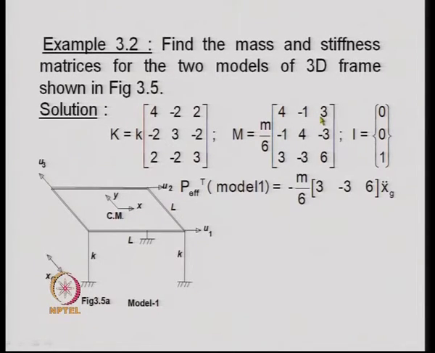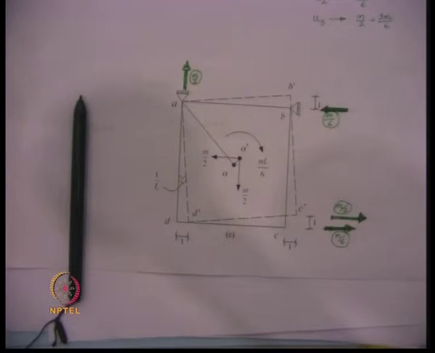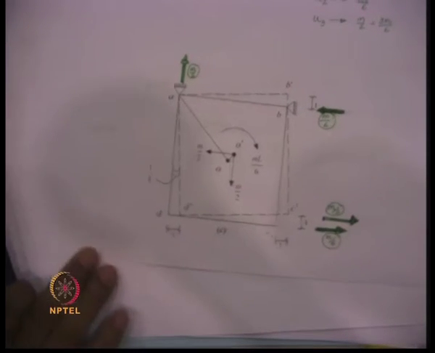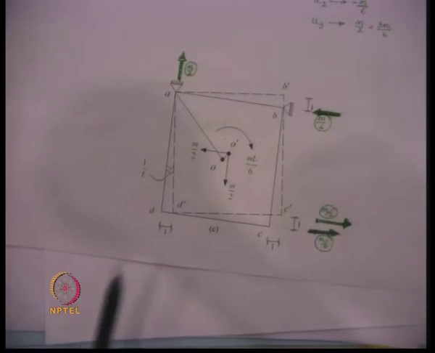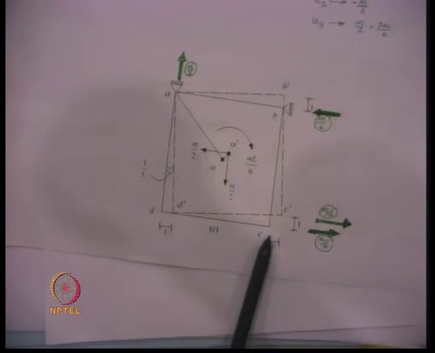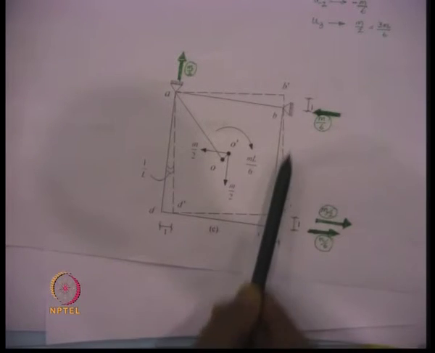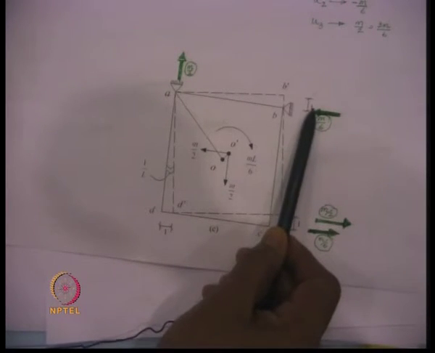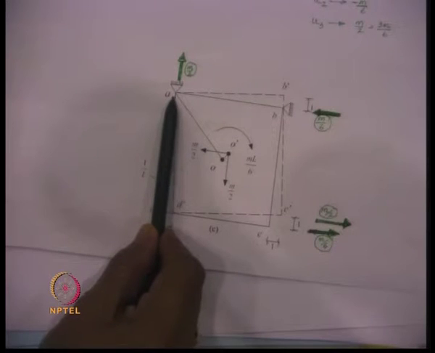So, let us look at how we derive the first column of this matrix. Now, if we look at this figure, the degree of freedom over here is the first degree of freedom, here we have the second degree of freedom, here we have the third degree of freedom.